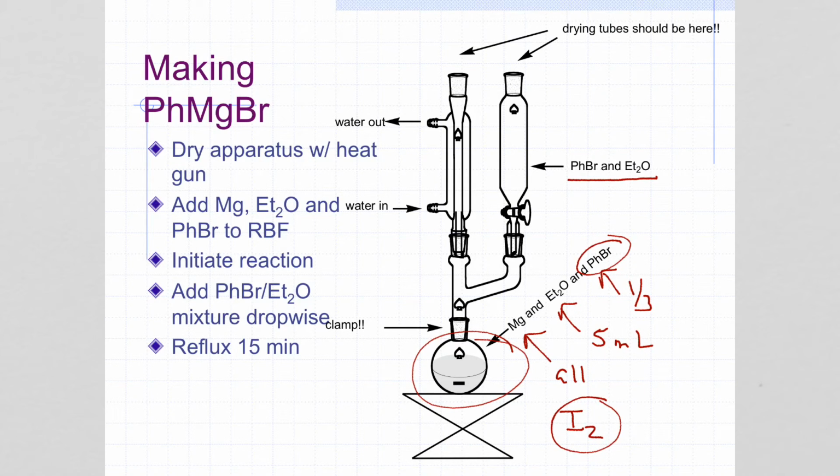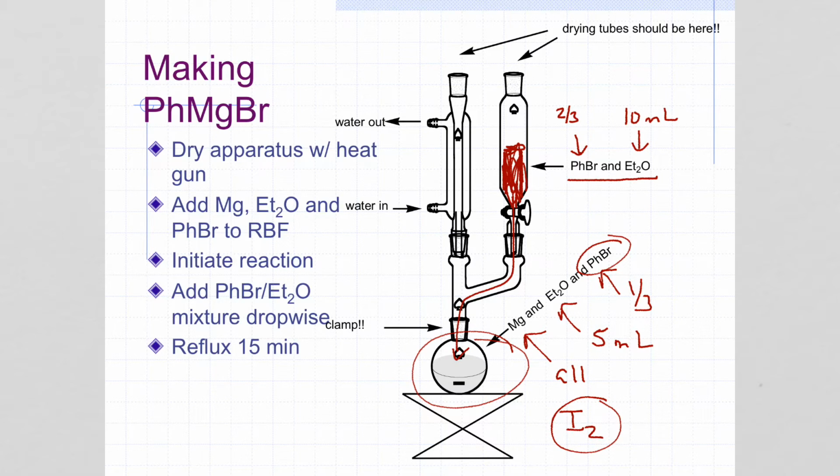Then to the addition funnel, you're going to add a solution of the other 2/3 approximately of your bromobenzene and the rest of your ether. So there's that solution. Then you want to add it dropwise to this solution.